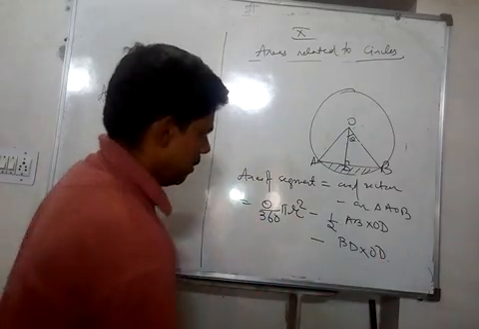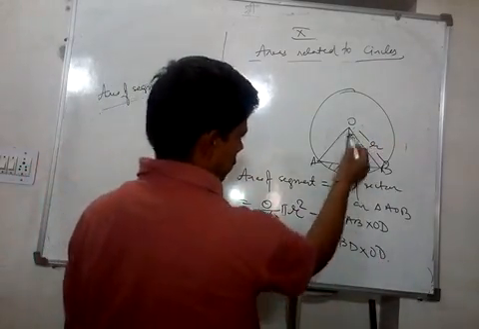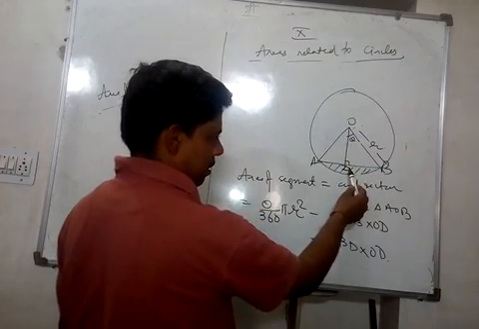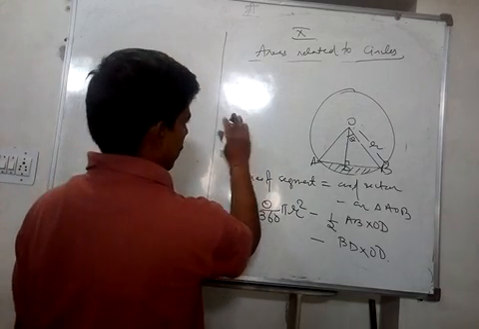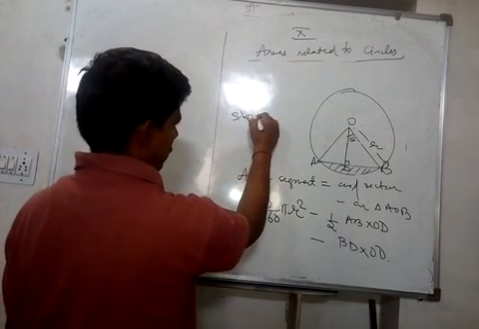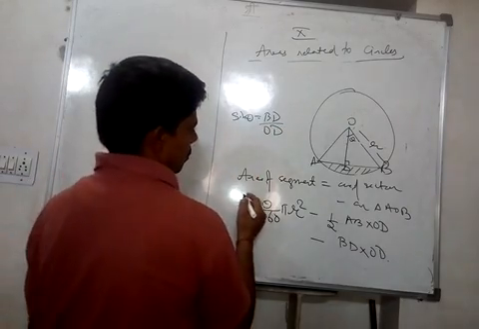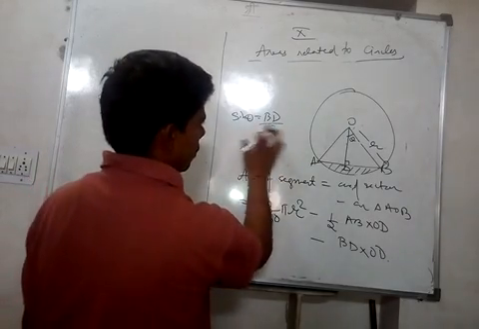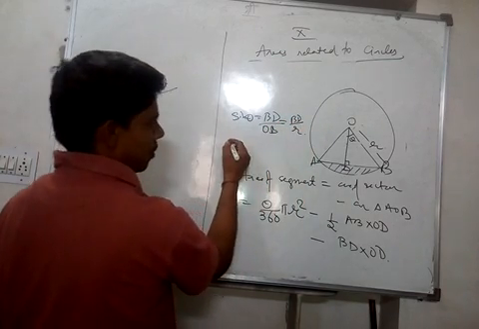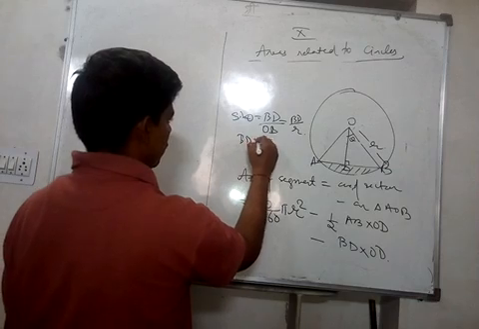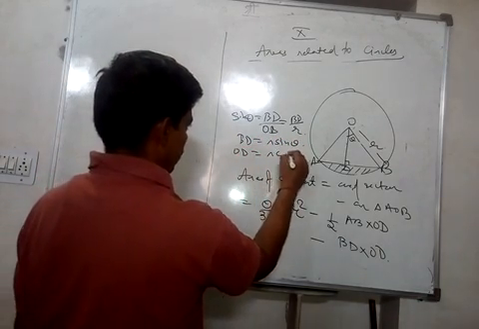Now this is R. So this OD is R cos theta and BD is R sin theta, because sin theta is equal to BD upon OB, that is BD upon R. So we get BD is equal to R sin theta. Similarly, OD is equal to R cos theta.